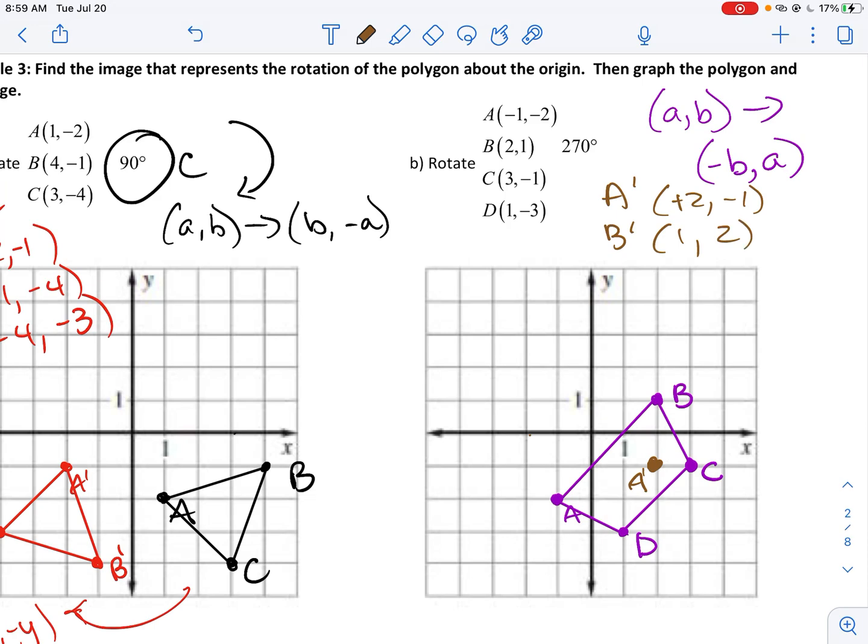Switch the 2 around, and the first one is negative. -1, 2. Switch the 2 around, and the first one is negative. And then D, switch the 2 around, and the first one becomes the opposite, so 3, 1. Oh, that was a horrible line. There we go.